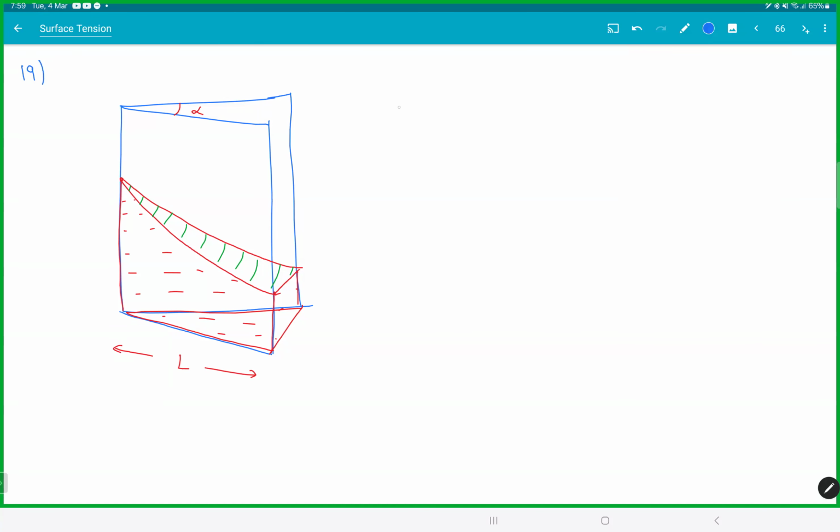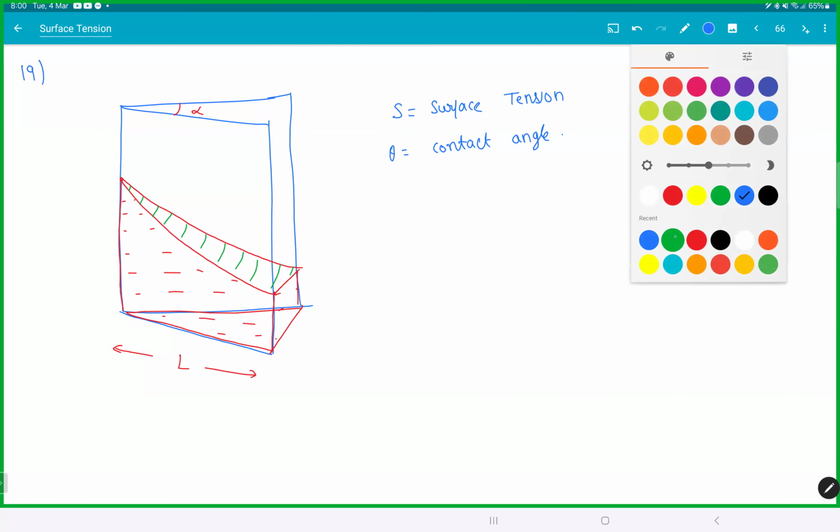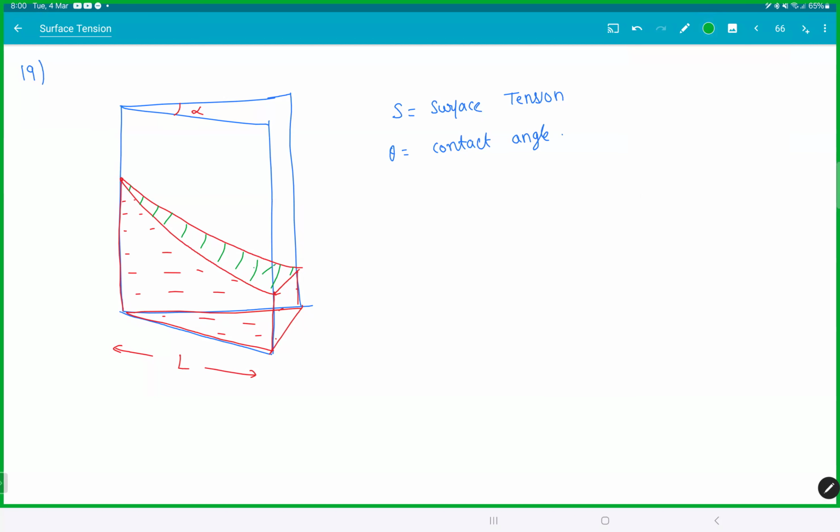So here S is your surface tension. Theta is the contact angle. What we want to find is the equation of this curve.